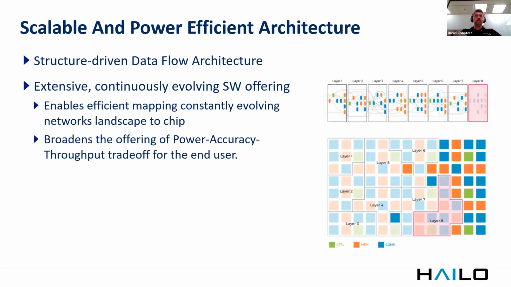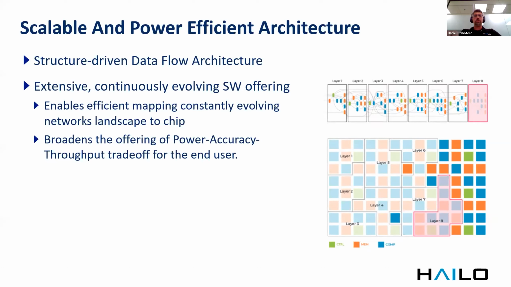And as a quick reminder, our architecture maps different layers in the network graph to the sea of hardware resources that is composed of control, memory, and compute in the silicon. And the software is in charge of doing it very efficiently and making use of the most hardware resources in the device.